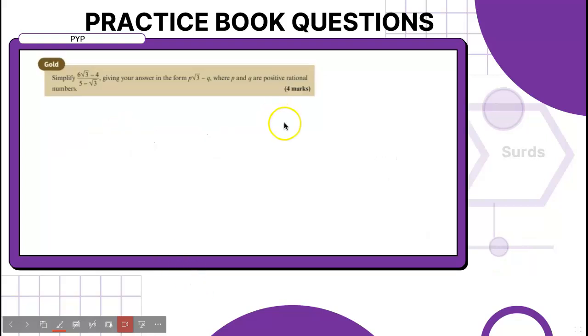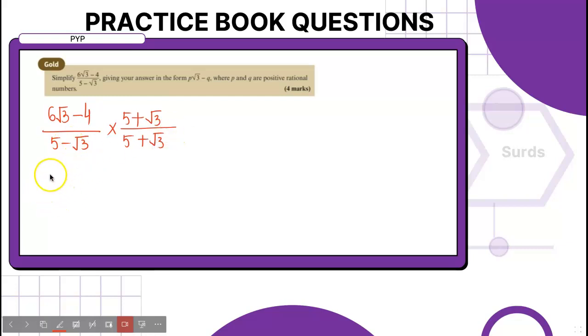It's again very, very, very easy. Let's try. It's just rationalizing: 6 root 3 minus 4 over 5 minus root 3. The step is to multiply and divide by the same expression with the opposite sign. It's minus, so it would be plus: 5 plus root 3.